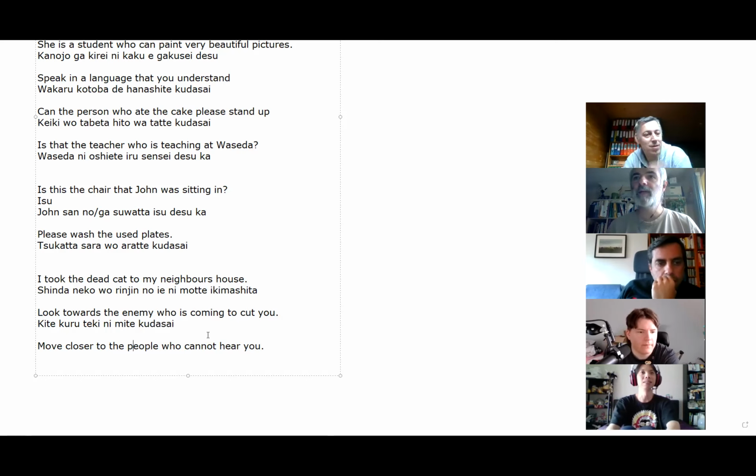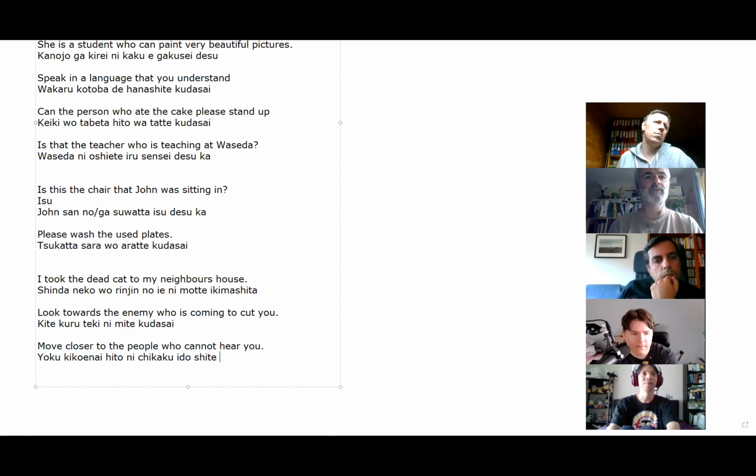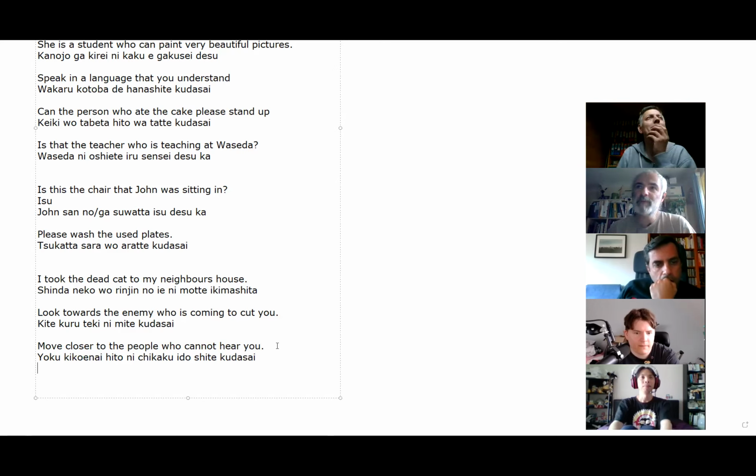Excellent. And Penguin, move closer to the people who cannot hear you. Yoku kikoenai hito ni. Chikaku ni idou shite kudasai. Idou shite kudasai. Okay. If you want to say to approach, there's actually a verb dedicated to this.